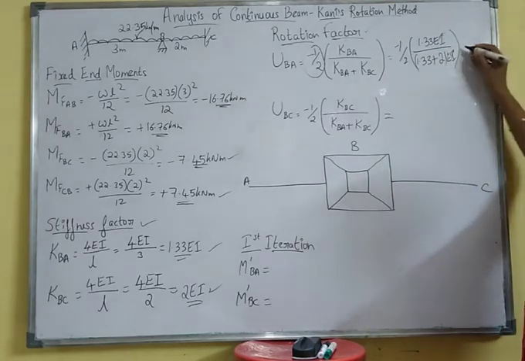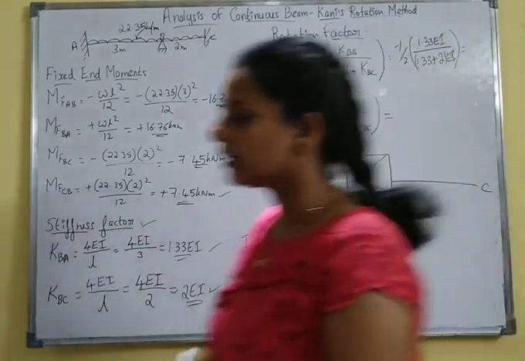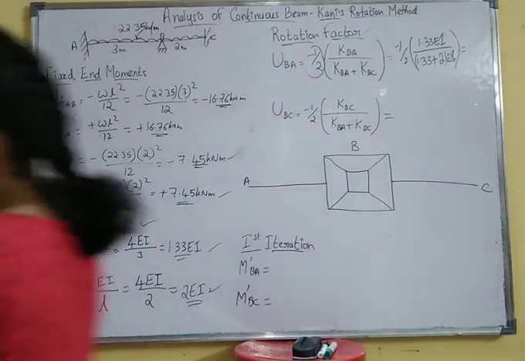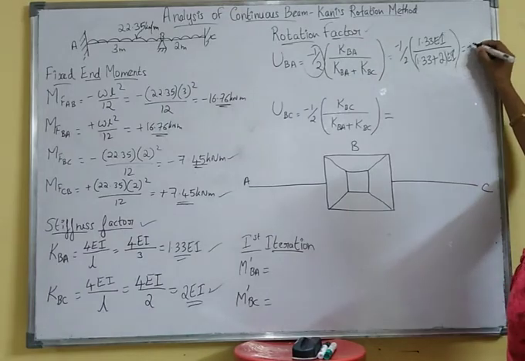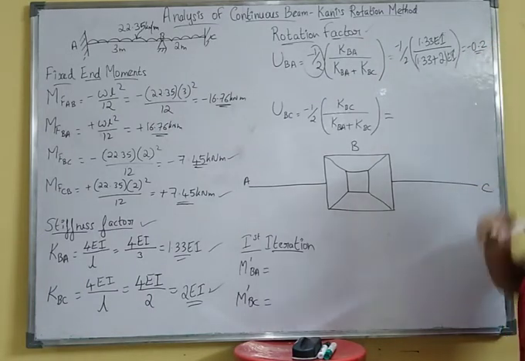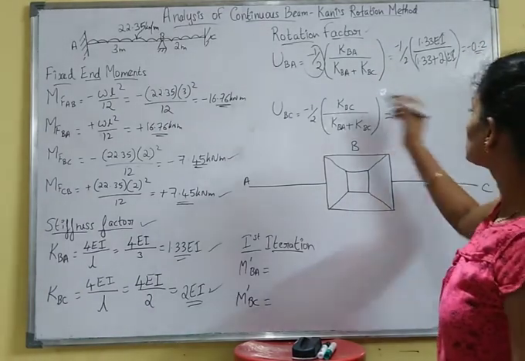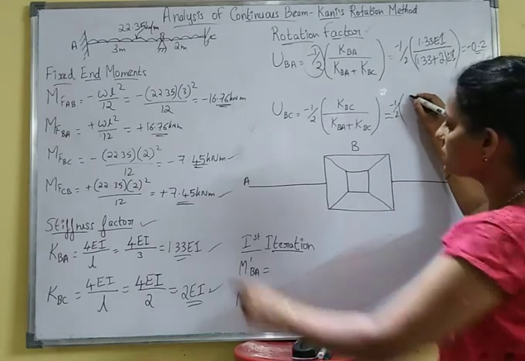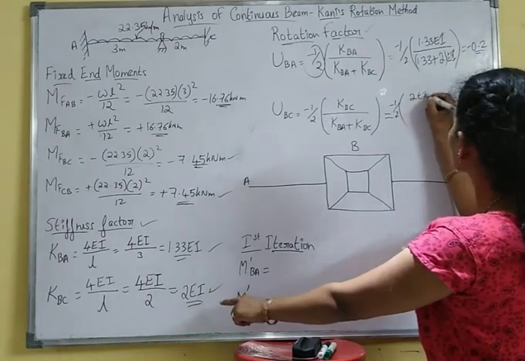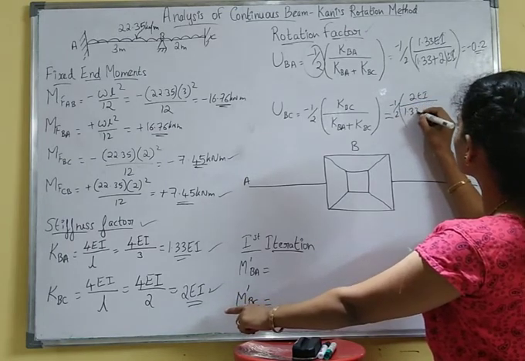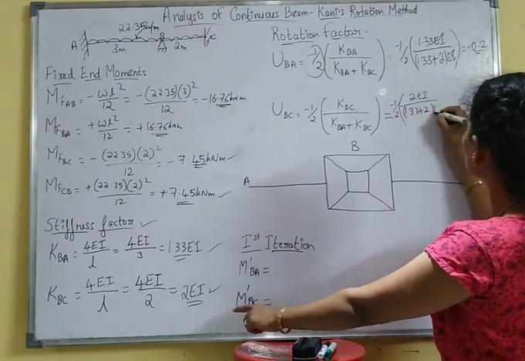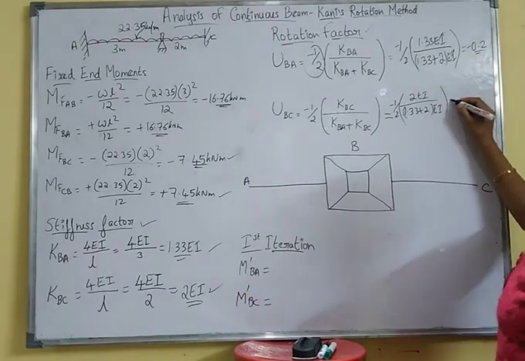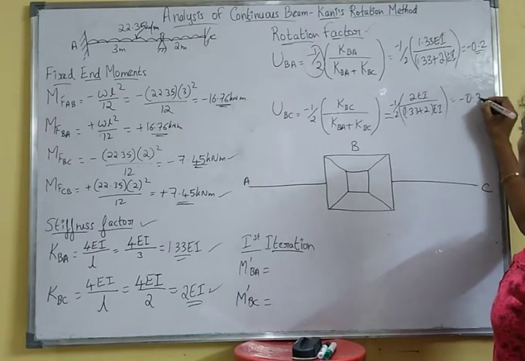EI gets cancelled, so you have the rotation factor as minus 0.2. Similarly, substitute minus half, KBC is 2 EI divided by 1.33 plus 2, the total stiffness factor. So you have minus 0.3.